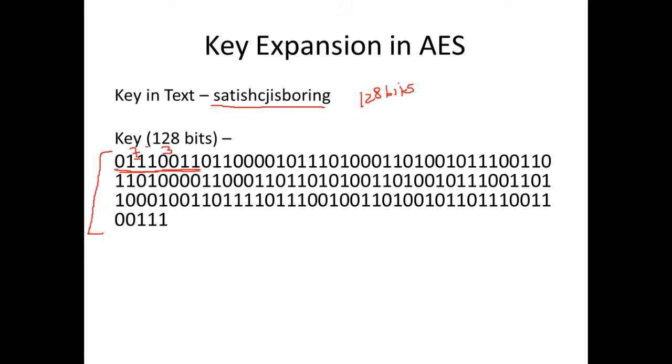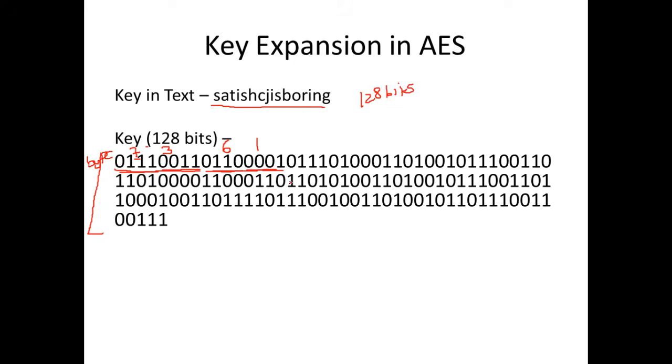Or we can say the first 8 bits is a byte, right? The first byte in our key can be represented in hex as 73. And these 4 bits 0110 correspond to 6 in hexadecimal, and 0001 corresponds to 1 in hexadecimal. So the next byte can be represented as 61 in hexadecimal.